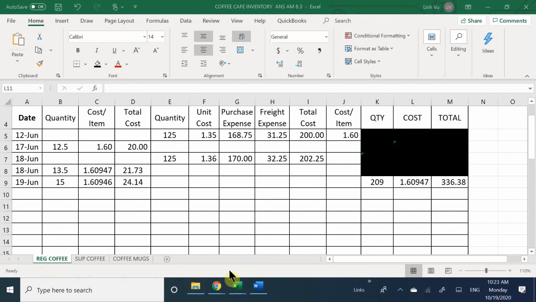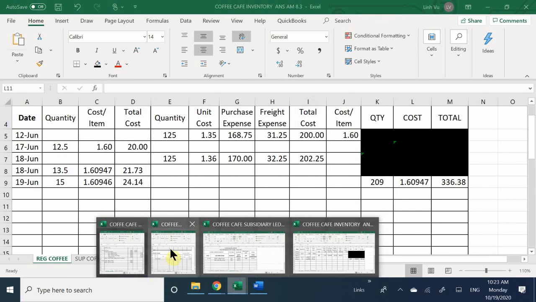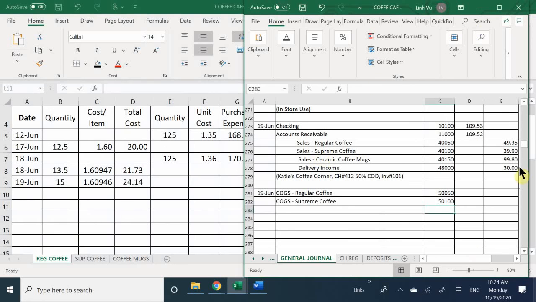So go back to my journal and record here that I sold 24.14 of regular and 18 of Supreme. And where am I taking this out of? From the inventory.